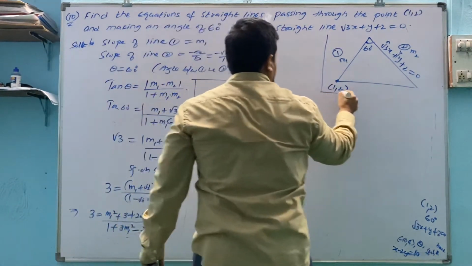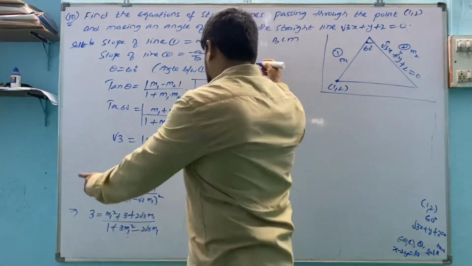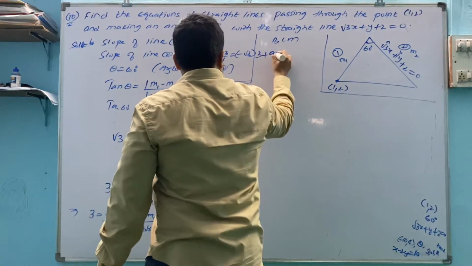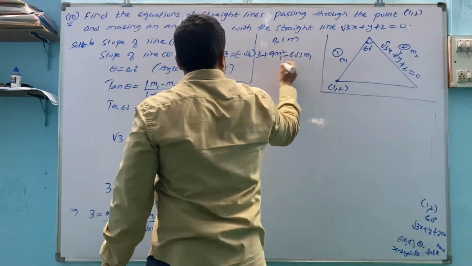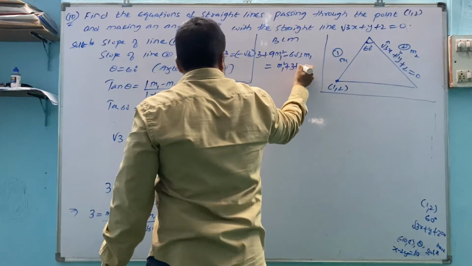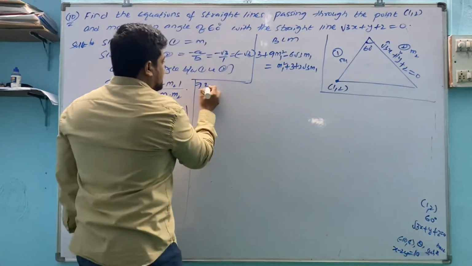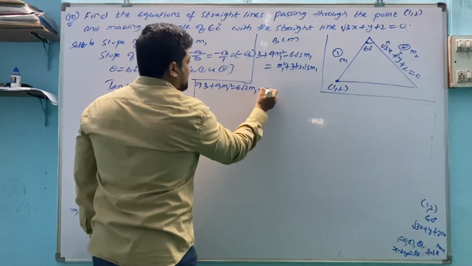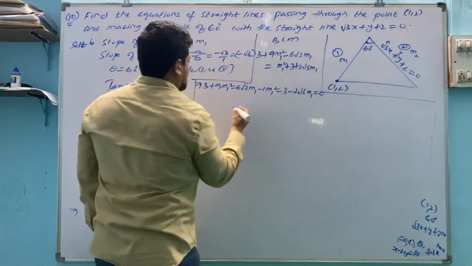By cross multiplication, 3 times (1 + 3m1^2 - 2 root 3 m1) gives 3 + 9m1^2 - 6 root 3 m1 = m1^2 + 3 + 2 root 3 m1. Now this equals 3 + 9m1^2 - 6 root 3 m1 - m1^2 - 3 - 2 root 3 m1 = 0.